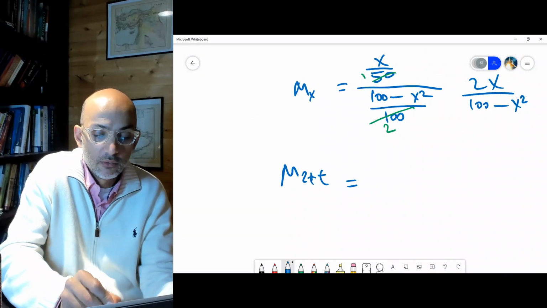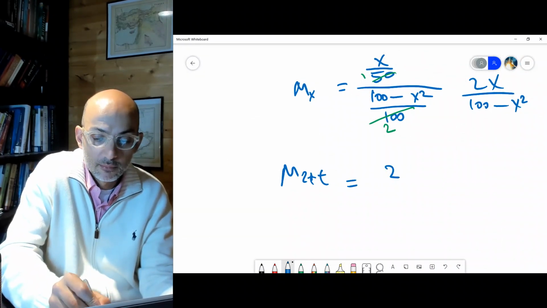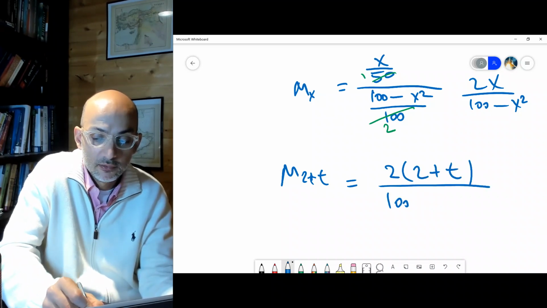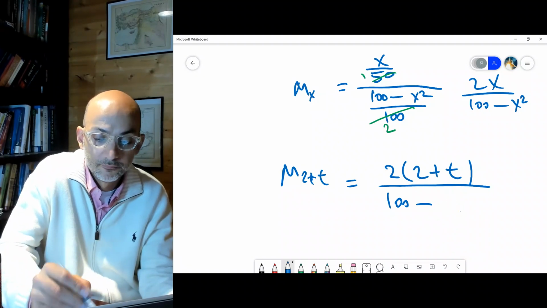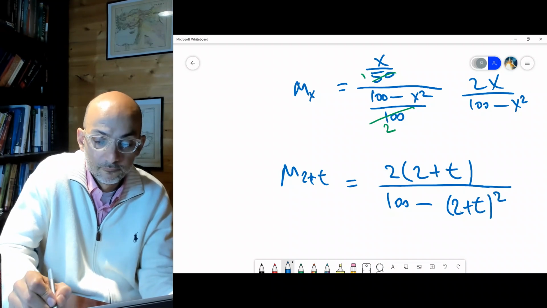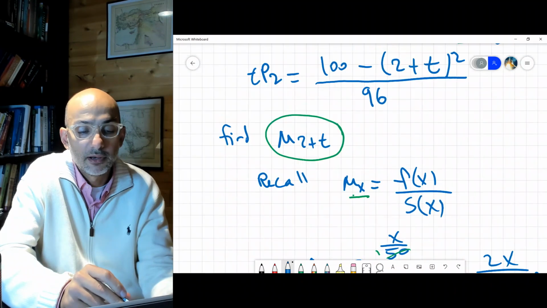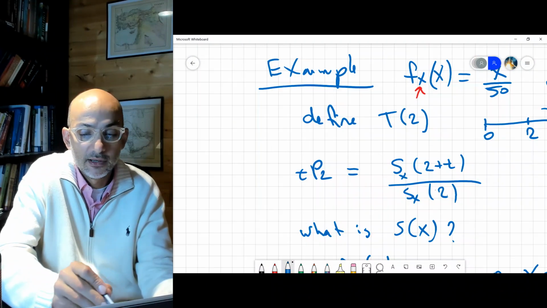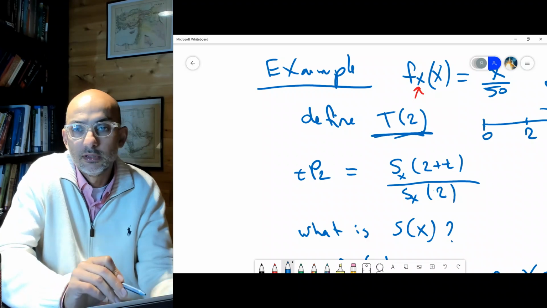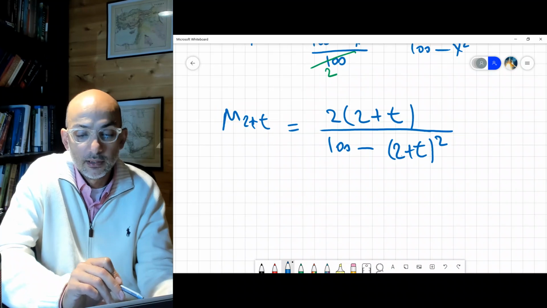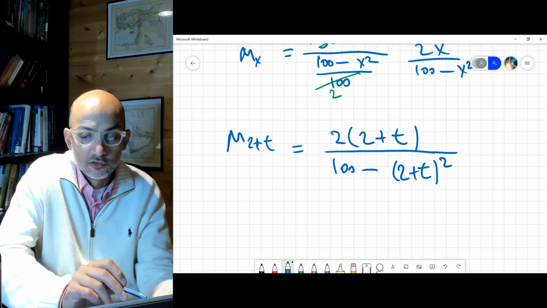We plug in 2 plus t, which becomes 2 plus t divided by 100 minus x squared, where x is 2, so 2 plus t squared. Why is x 2? Because, like we defined from the very beginning, we defined T2, so we're dealing with x equal to 2. The remaining lifetime is 2. Keep it as is, don't do anything.